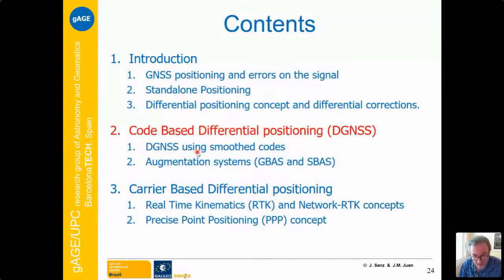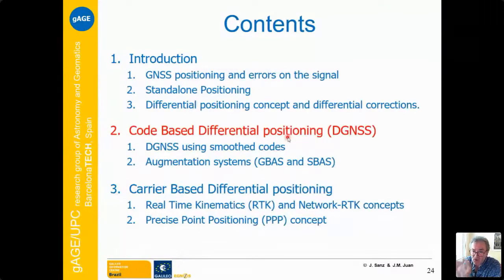Okay, well, after this introduction, let's go to present code-based and carrier-based differential positioning. As you know, code-based means using code measurements, pseudo-ranges. Code measurements are noisy, but not ambiguous.